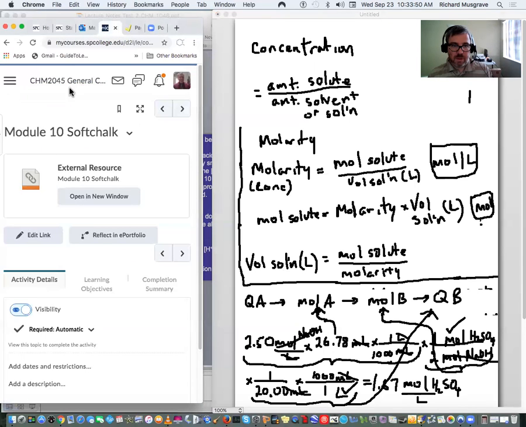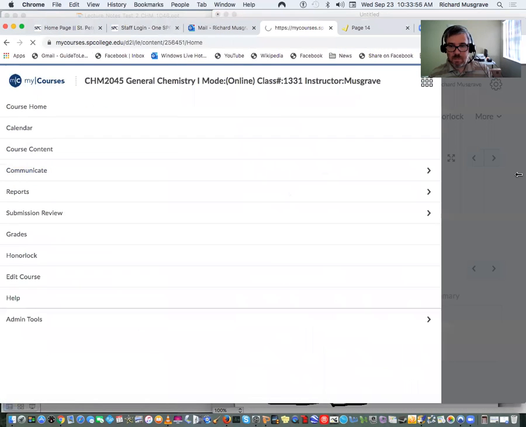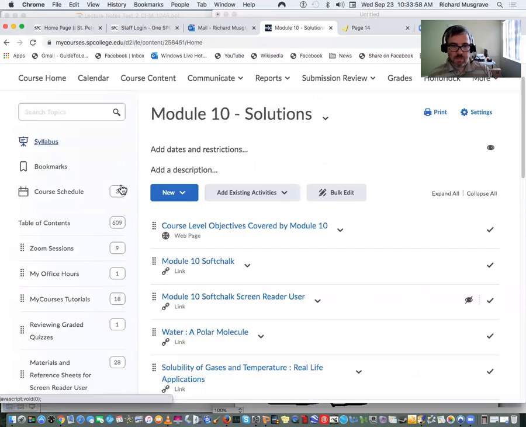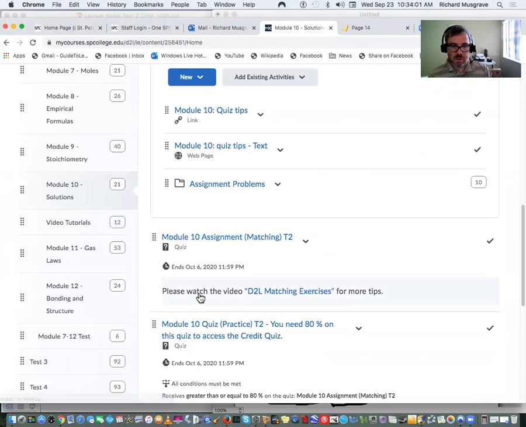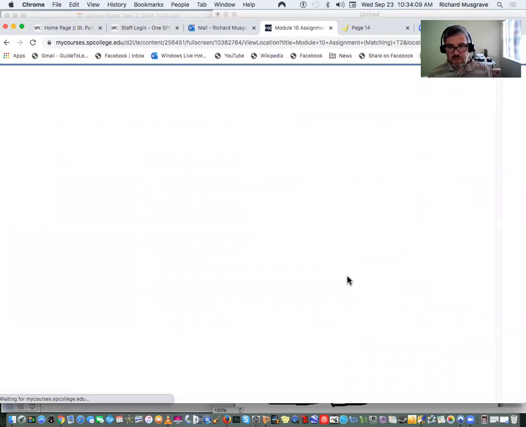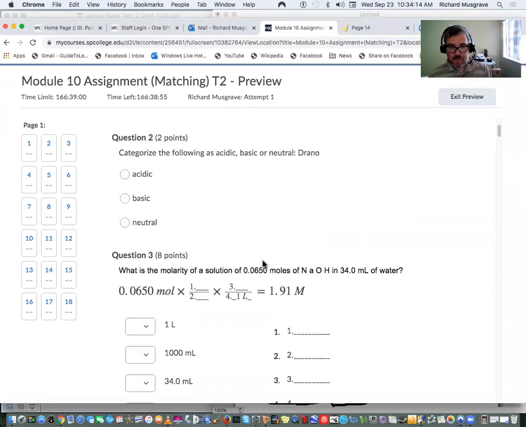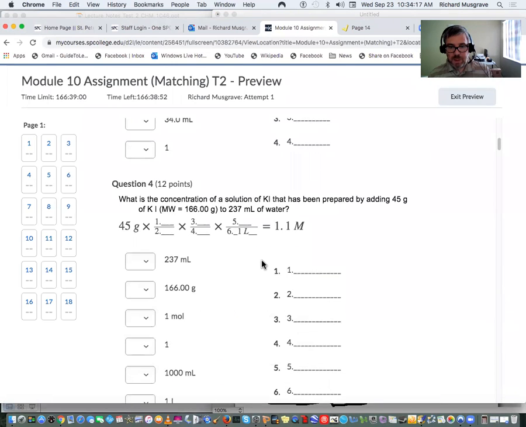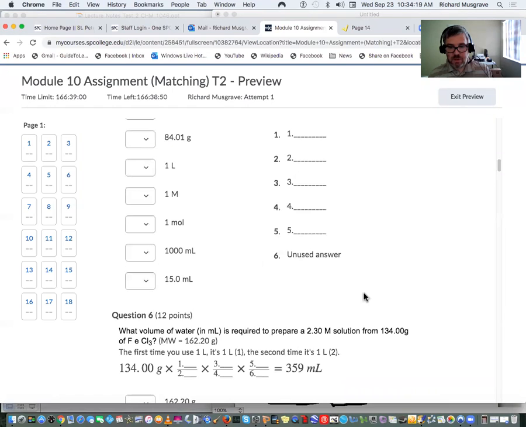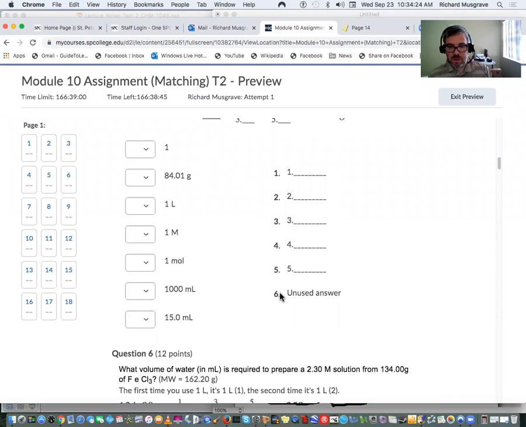Let's take a look at the assignment here. So the assignment, again, it's this matching thing. And be careful, especially with unused answers, making sure that if something's unused, you do put the number for the unused answer and the one you didn't use.